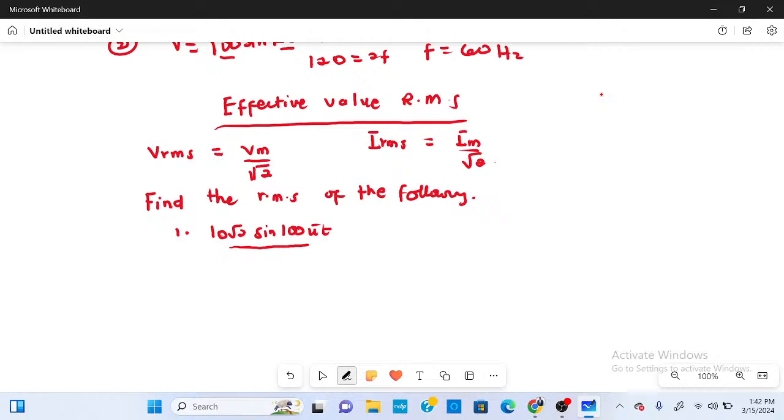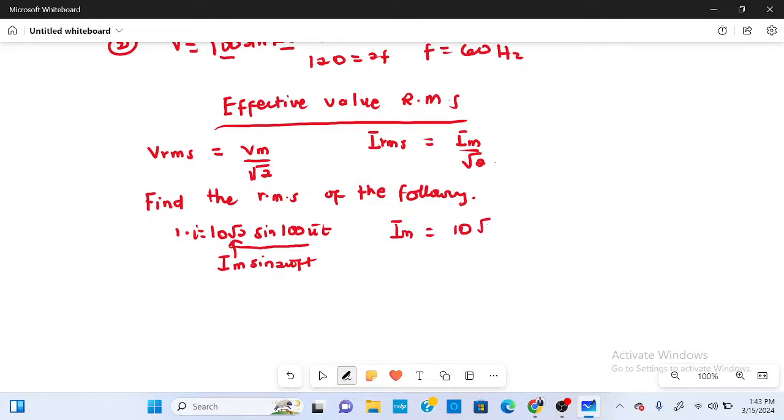I told you that whenever you get such a question, you just write the general form of a waveform. So I, our current, is equal to Im sine 2 pi ft. For that reason, your Im is simply equal to 10 root 2. So you've identified your peak current. In the general waveform, you only have your peak current available, and that is giving us 10 root 2.